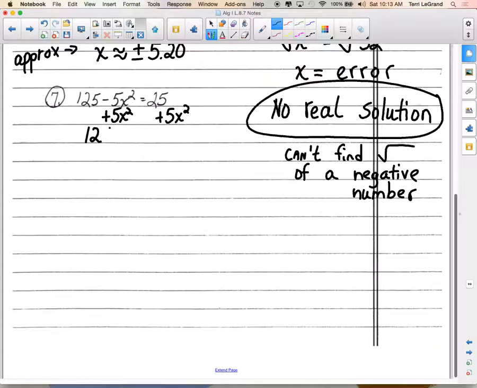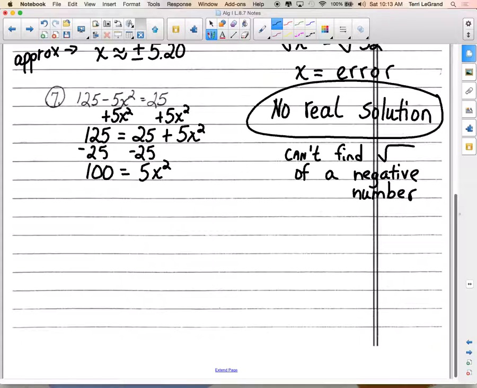Now I have 125 equal to 25 plus 5x squared. Need to make another move. We got a constant over there with that 5x squared, so we'll get rid of that constant, 25. And now we will have 100 equal to 5x squared.